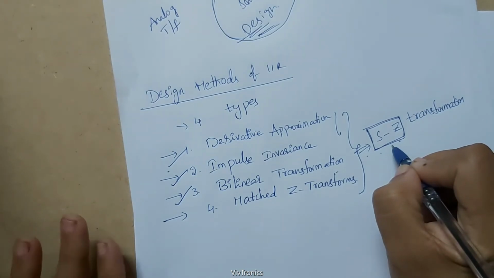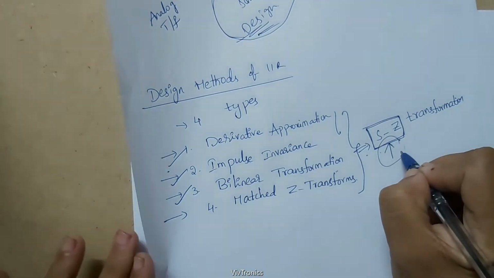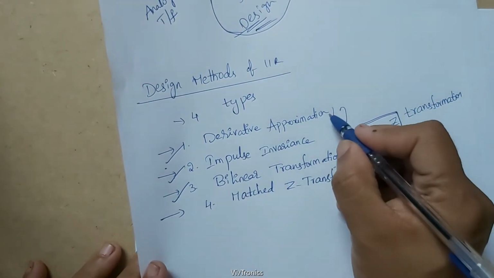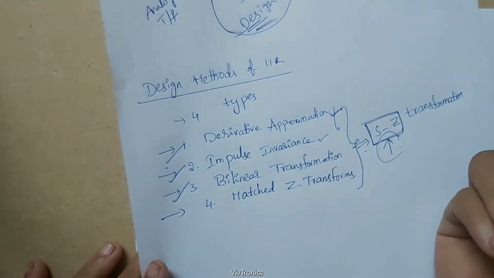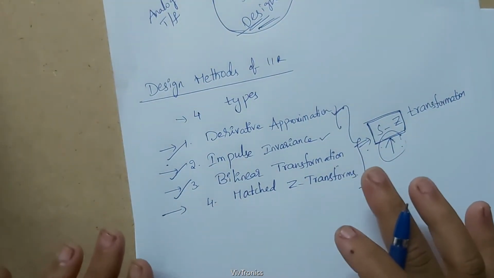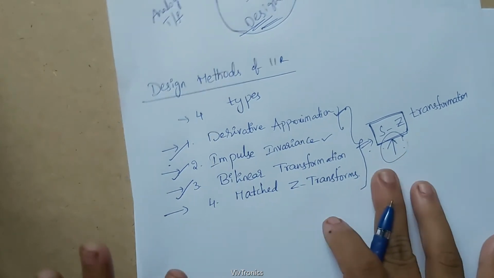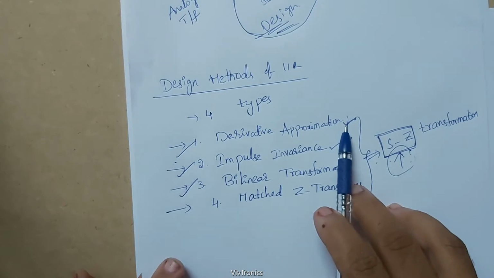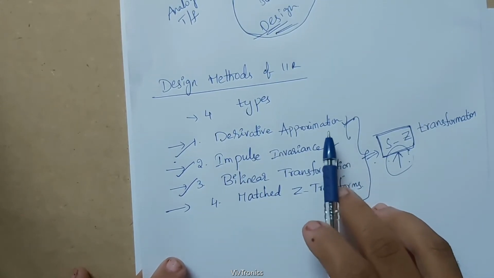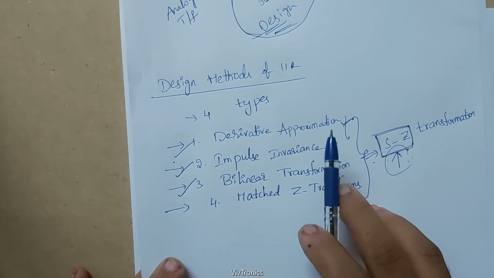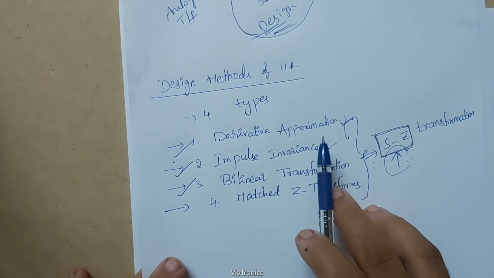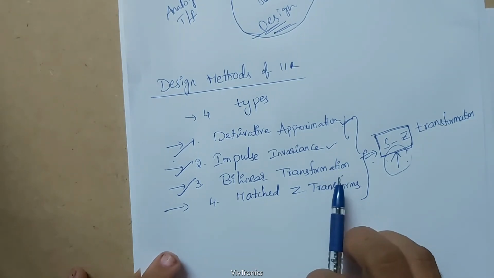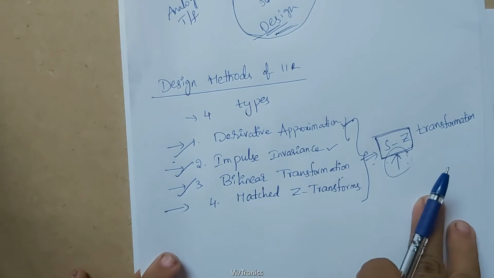Once we obtain the relation between these 2 variables, then we would have achieved that method completely. In the upcoming series we will focus on how the derivative approximation method works and what its drawbacks are, why we go for impulse invariance and what its drawbacks are, and why we go for bilinear transformation and what its limitations are. Everything we are going to discuss.